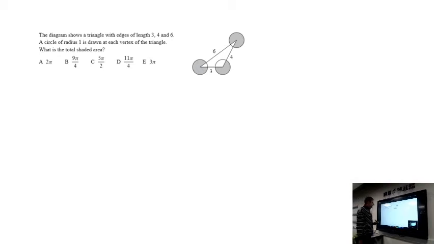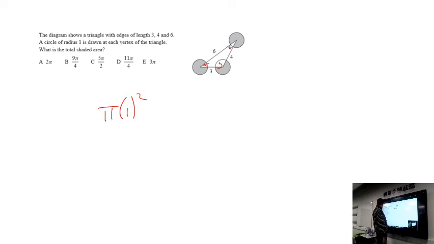Okay, so let's define the angles. So let's call this X, this is Y, this is Z. Okay, so let's find the area of this first sector. So this is going to be pi r squared. What's r? R is 1, so 1 squared, times the fraction.